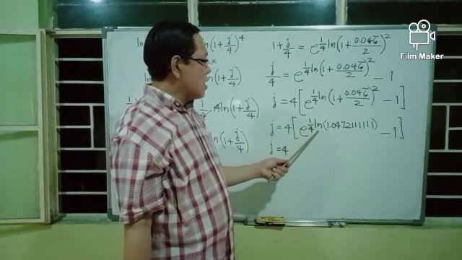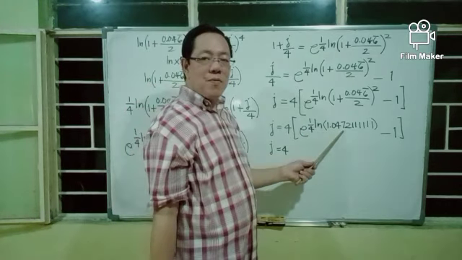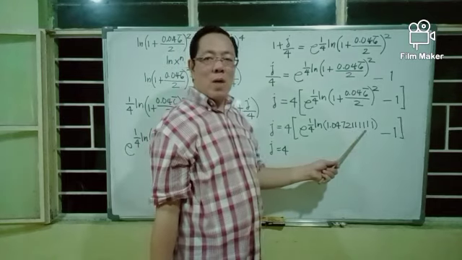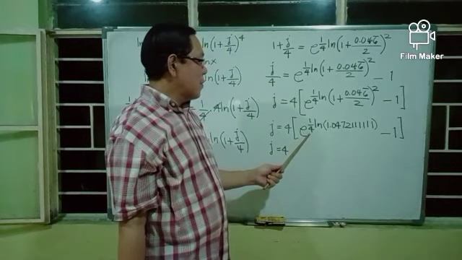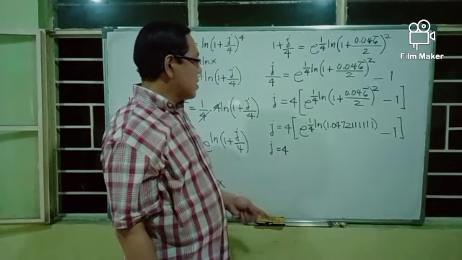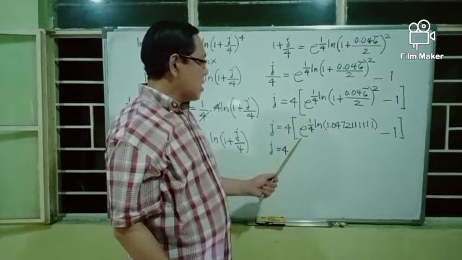Now we divide ln of 1.0472 by 4. We have 4 times e.